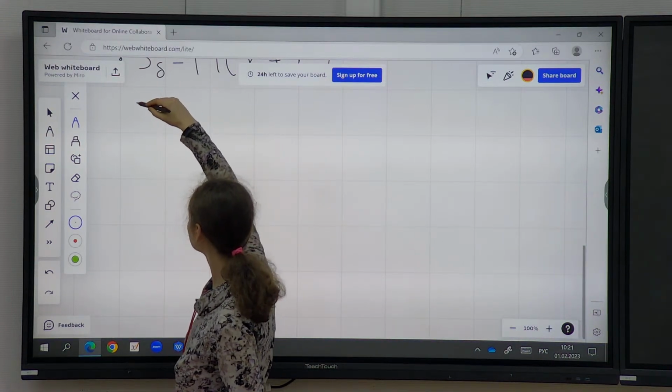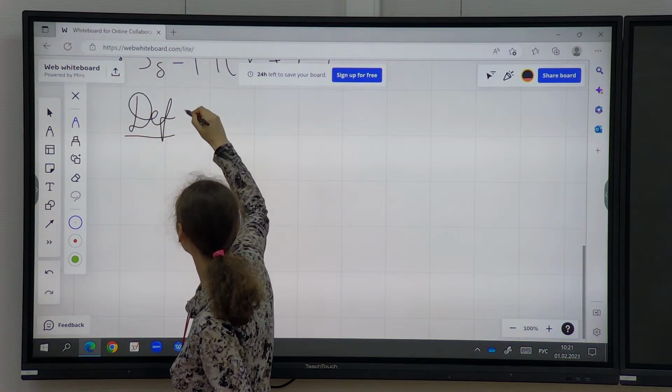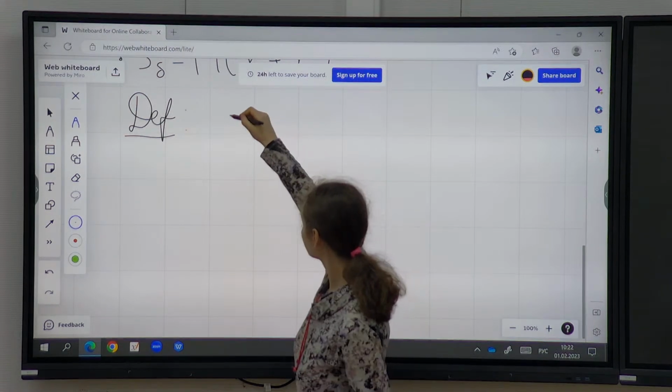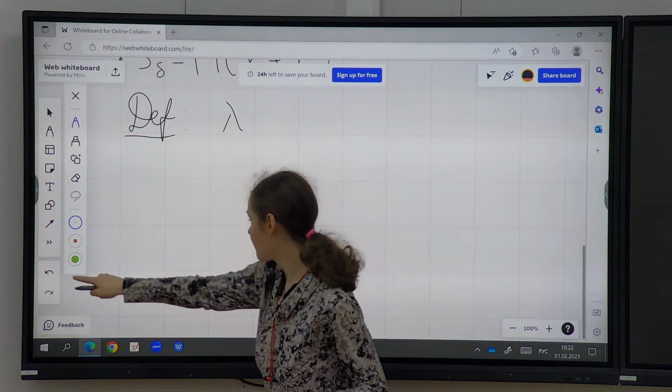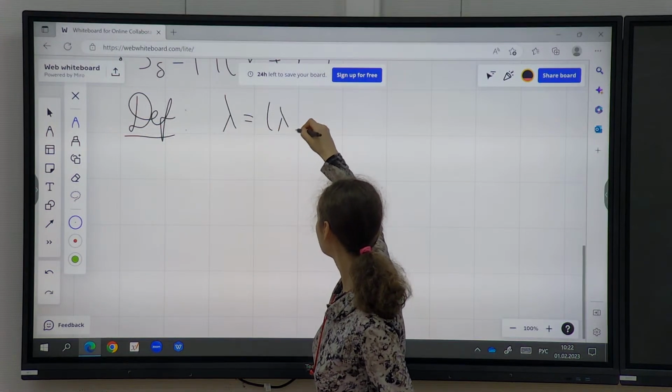Let's start with some combinatorial definition. We have a partition lambda.